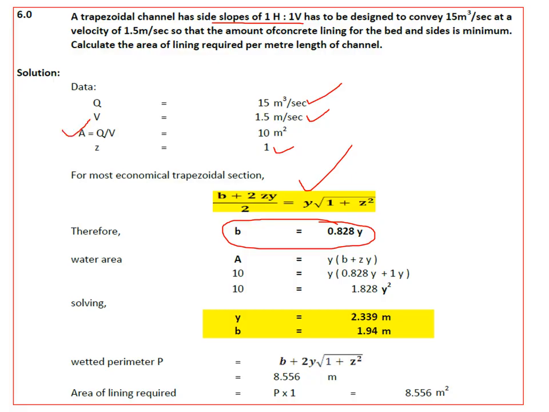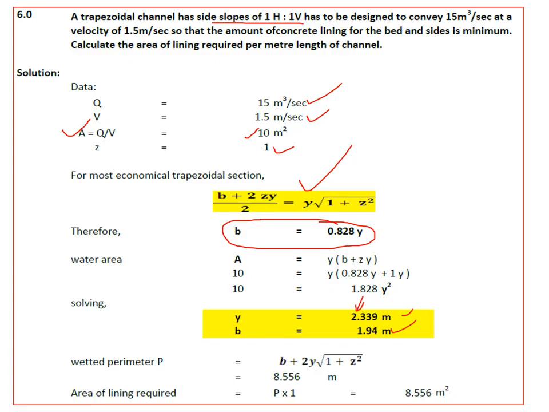Substitute 10 here and from this relation you get y, which is 2.34 meters. Again put it here, 0.828y, and you will get b as 1.94.